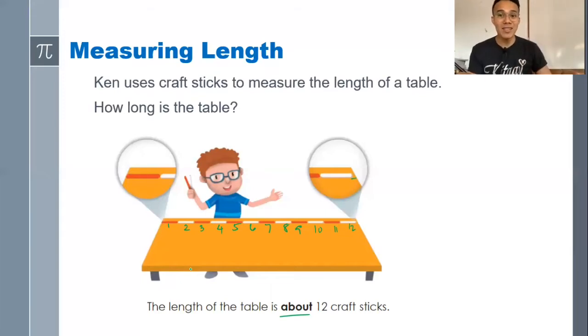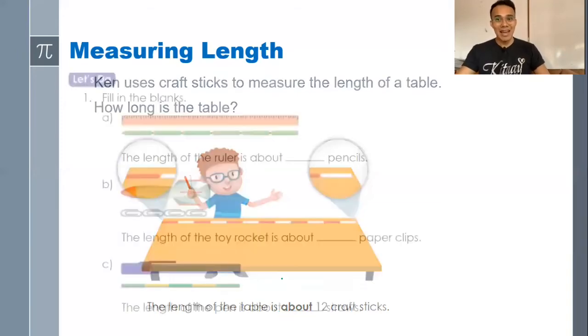Those are non-standard units. Whenever we use them, we don't usually get exact length. That's why we have to use the word about. Okay? So let's have some exercises about measuring length.